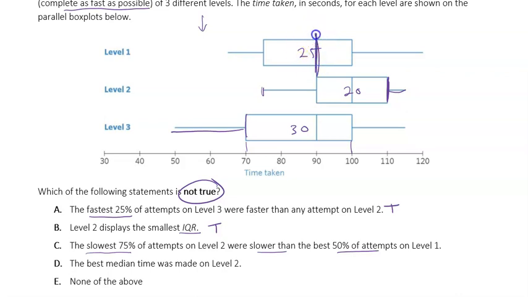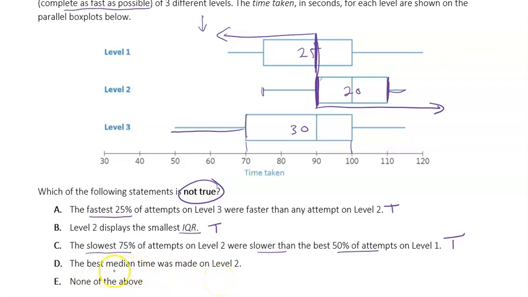So level 1, best 50% would be that section there. And, whoops, sorry, that was 75%, so it should be that section all the way there. So again, that is true. They look like they might be equal, but that is okay. It fits the criteria.